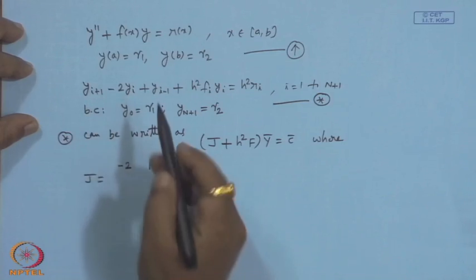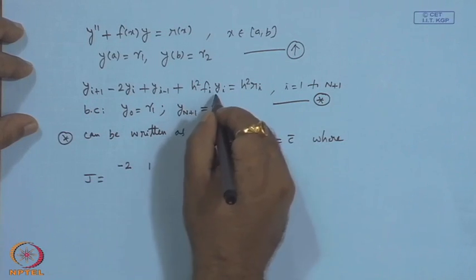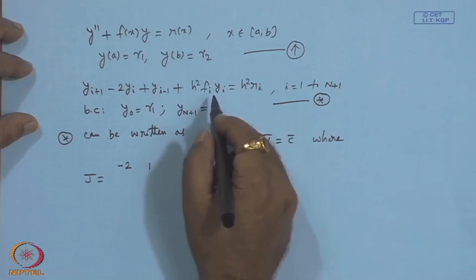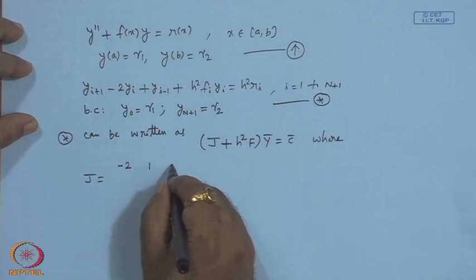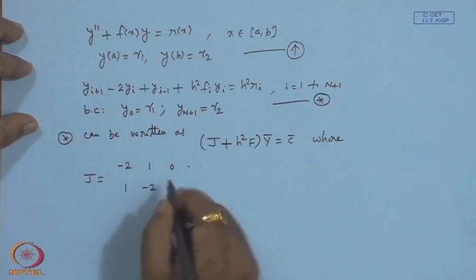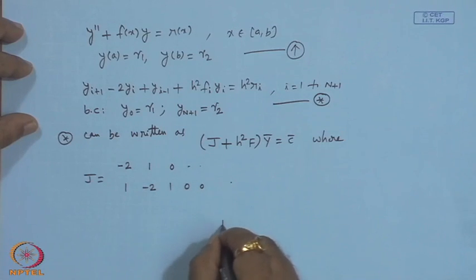Okay. So, accordingly, this we are giving it to f 0, then 1 minus 2 1 0, then 1.